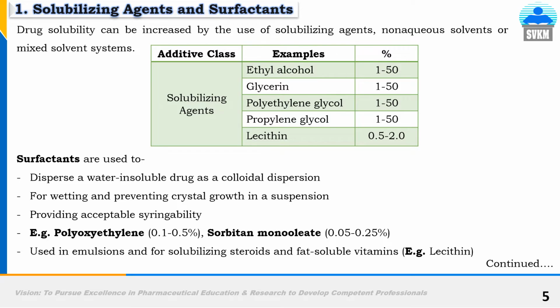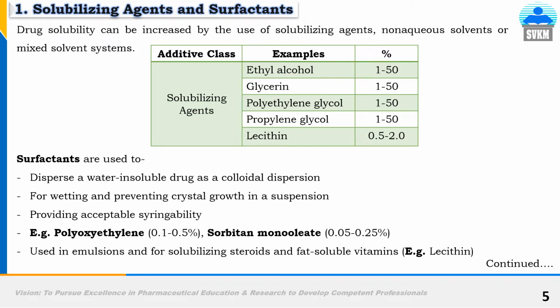Examples are polyoxyethylene, utilized in concentration range of 0.1 to 0.5%, and sorbitan monooleate in the concentration range of 0.05 to 0.25%. We can utilize lecithin as an emulsifying agent in the emulsions for solubilizing the steroids and fat soluble vitamins.